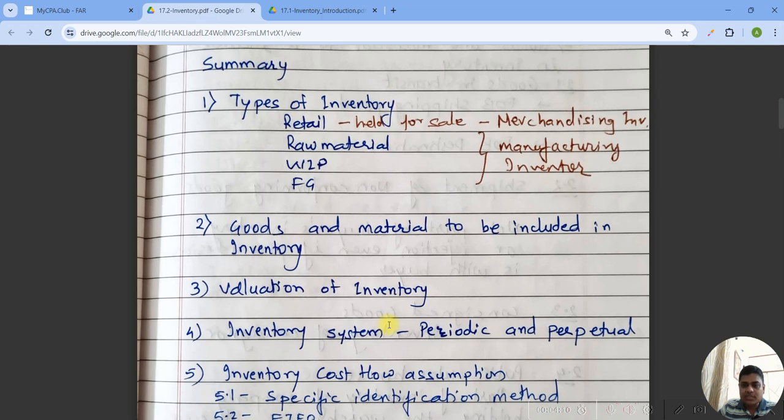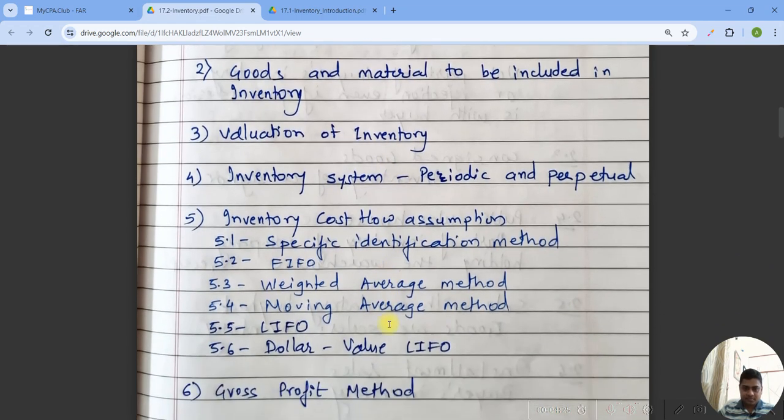All these goods and material are to be included as part of inventory. When we call something inventory, it includes retail inventory, raw material, work in progress, and finished goods. Then there are two systems of maintaining inventory, periodic and perpetual.